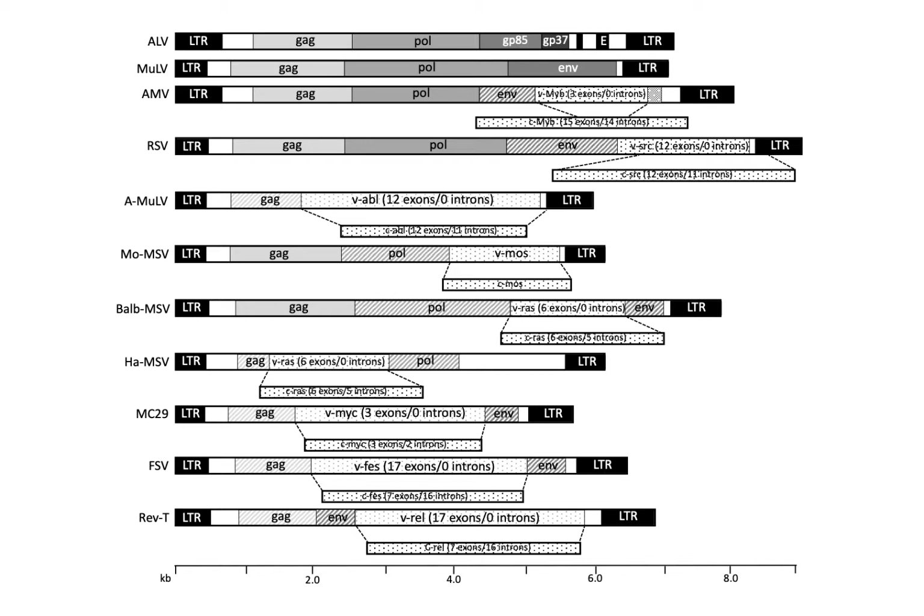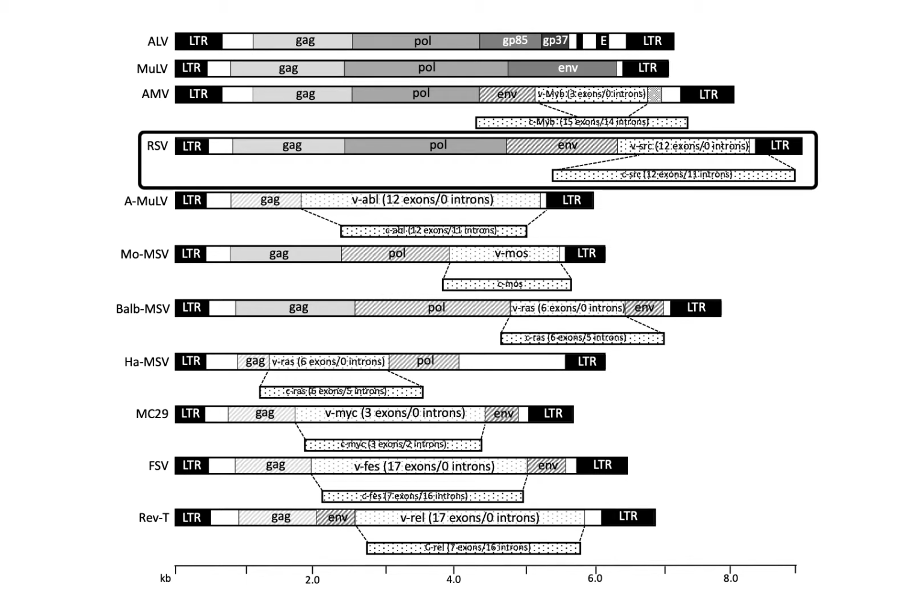But then in these viruses that carry oncogenes, they carry along with them the normal gene that was in the host, but it has all of the introns removed. So it's an intronless version of the host genes and eventually the host proteins that they form.